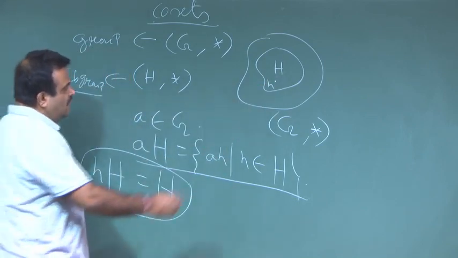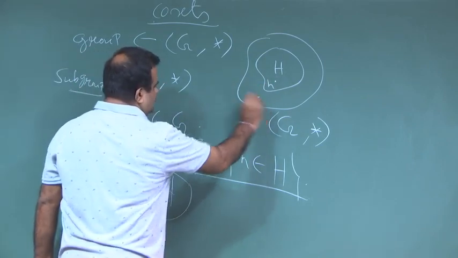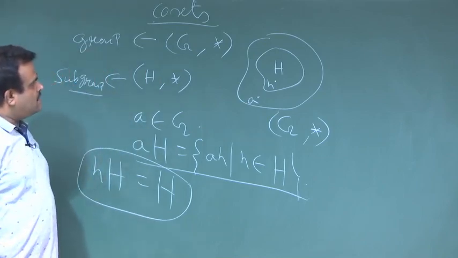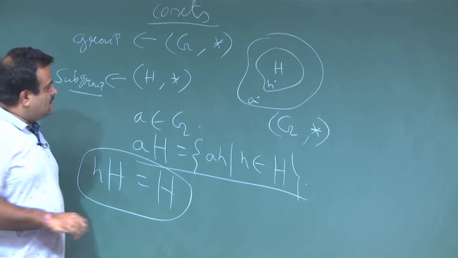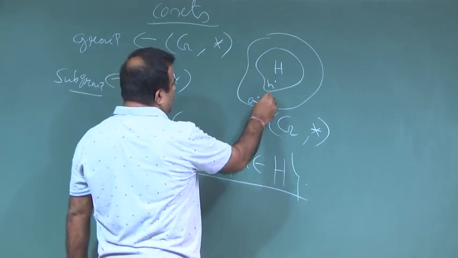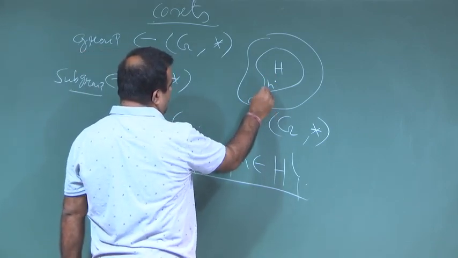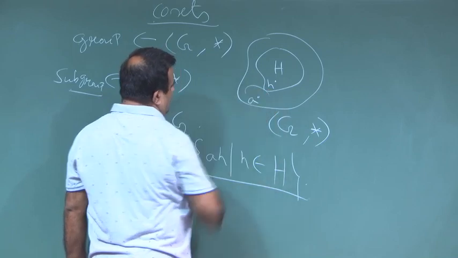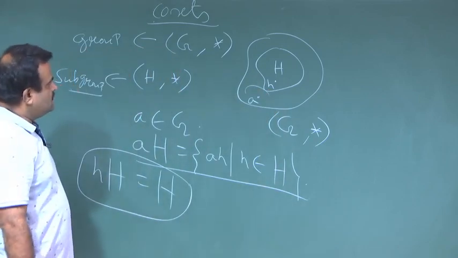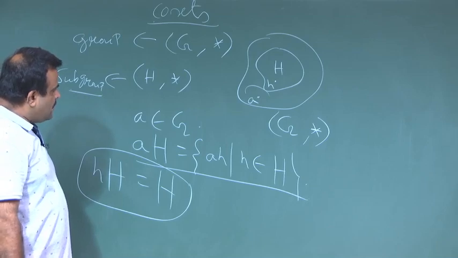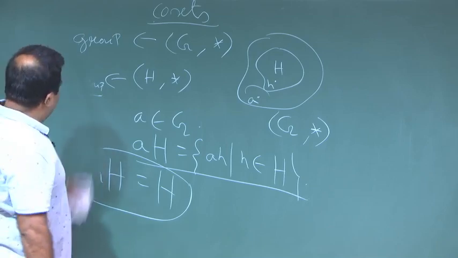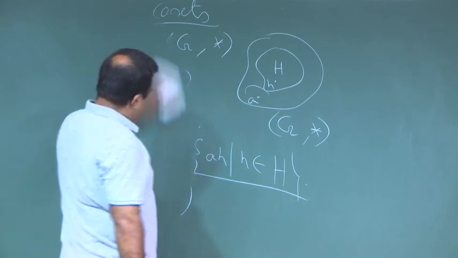Now, if we choose a from outside of this, then we want to see whether this has a common point or not. So let us just try to see that.